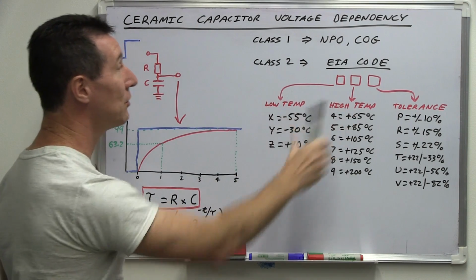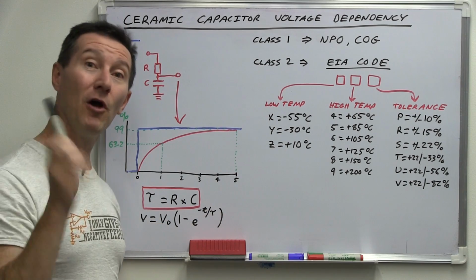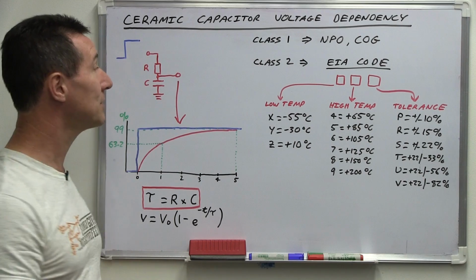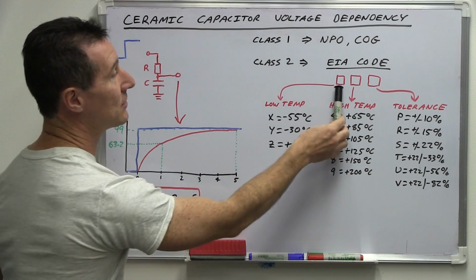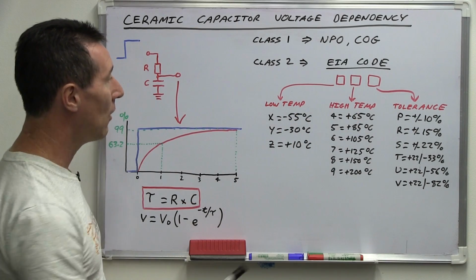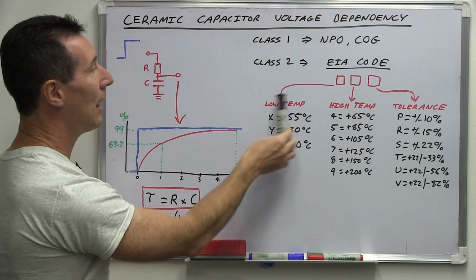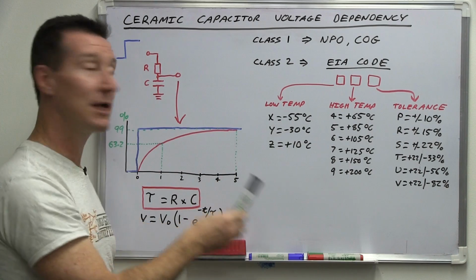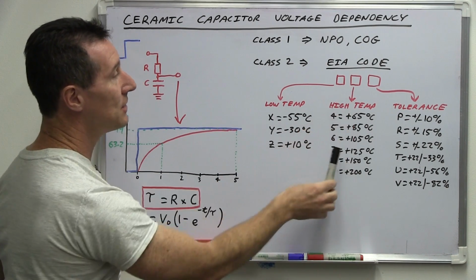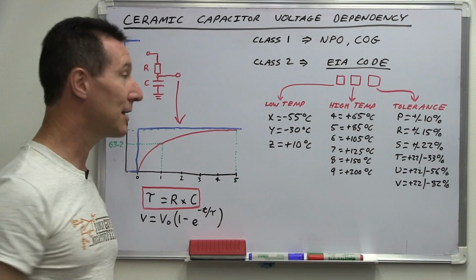Anyway, I won't go into a huge amount of detail, but basically you've heard of these codes before. Things like X7R, for example. What does that mean? Well, there's a 3-letter code like this. It's part of the EIA code system, and X, for example, the first letter represents the low temperature, so minus 55, and the next digit here represents what the high temperature limit is.